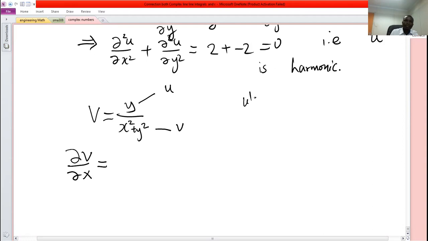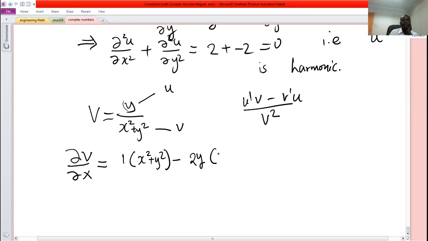So I have u prime v minus v prime u over v squared. So differentiating this with respect to y, we get 1, so times x squared plus y squared minus v prime, we get 2y times u, which is y, over x squared plus y squared, squared.